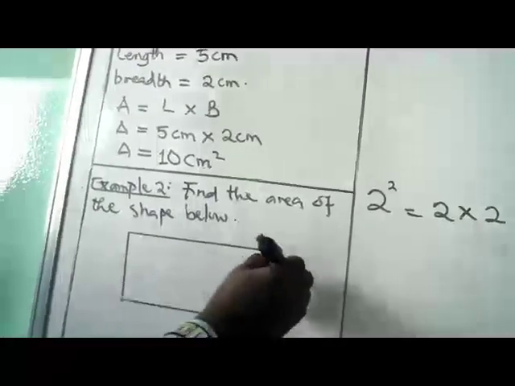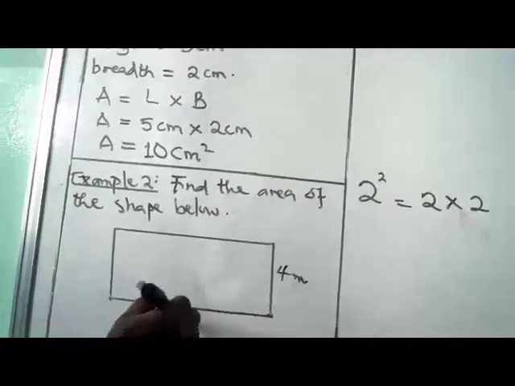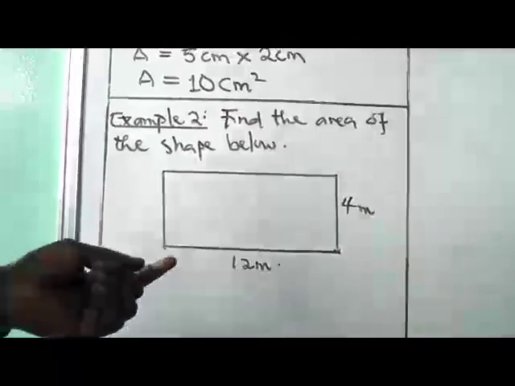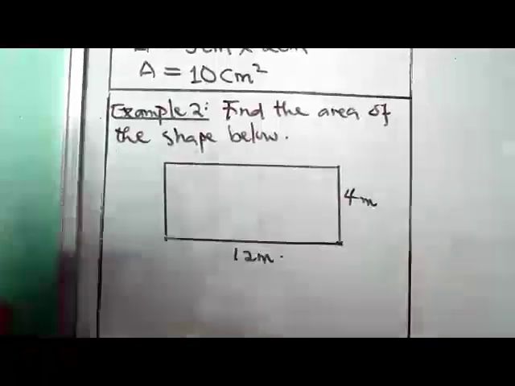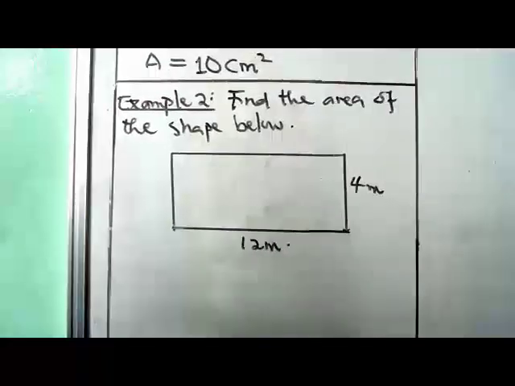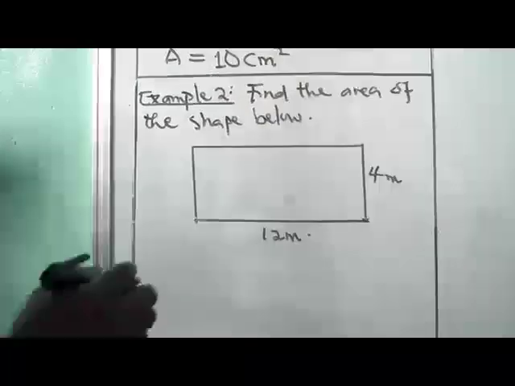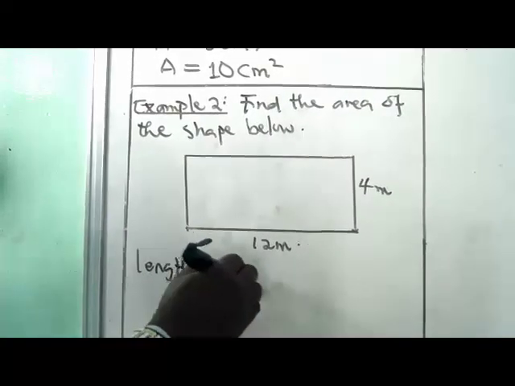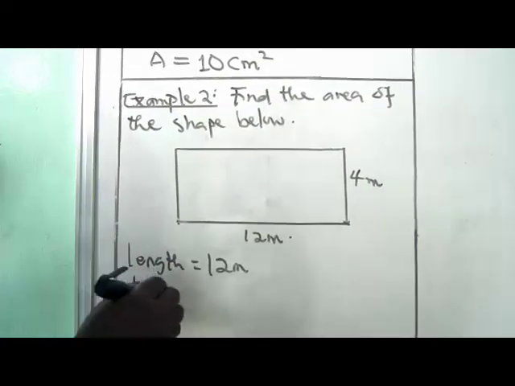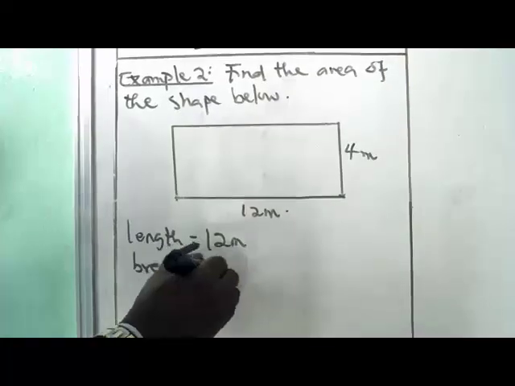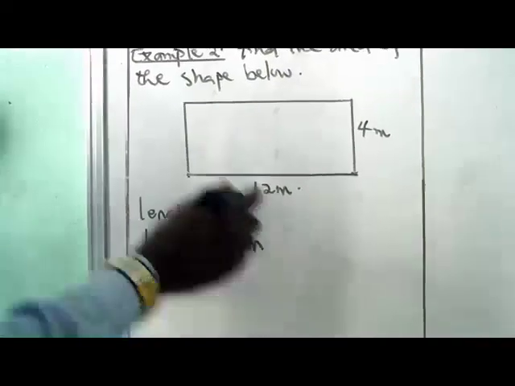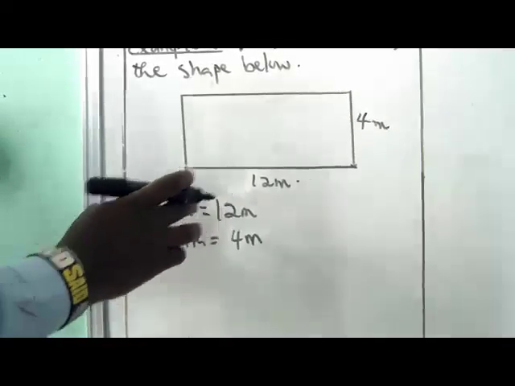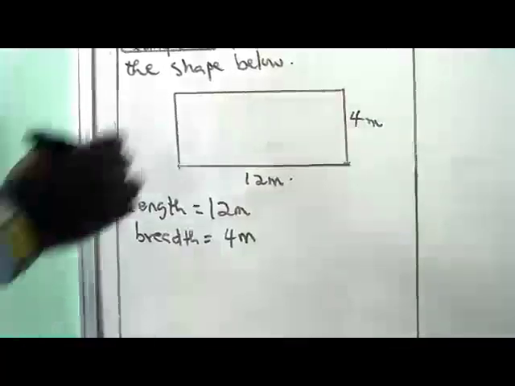Here I have 4 meter, here I have 12 meter. Now can somebody tell me which side of the rectangle is the length? Which number is representing the length? Good. So we have the length equals 12 meter, while the breadth is what? 4 meter. Wonderful.